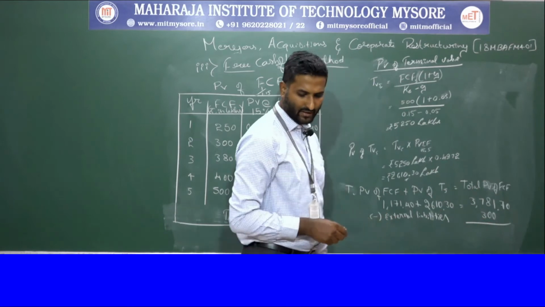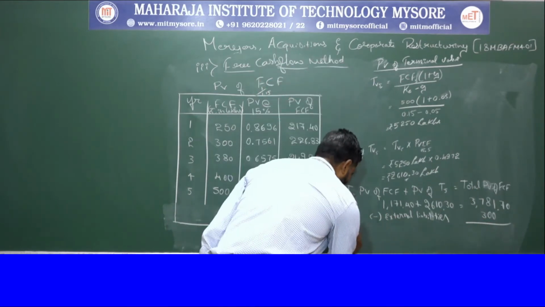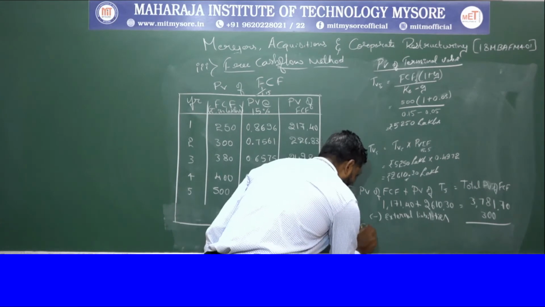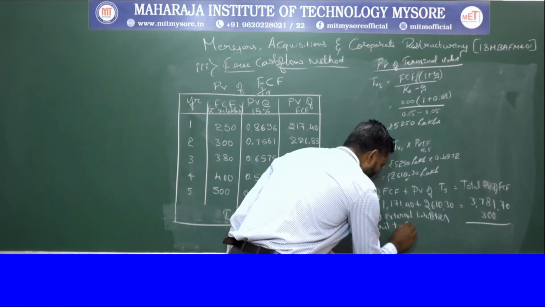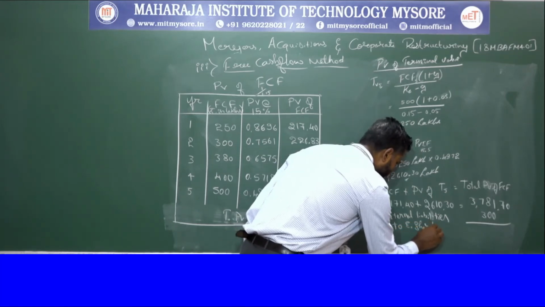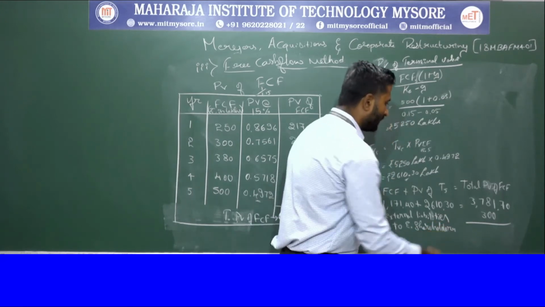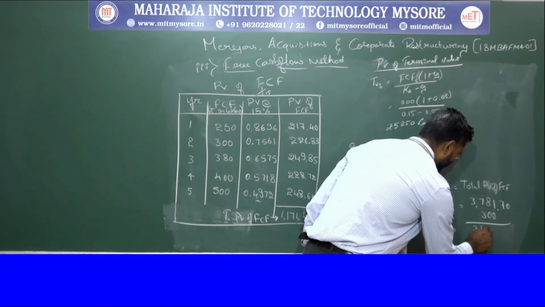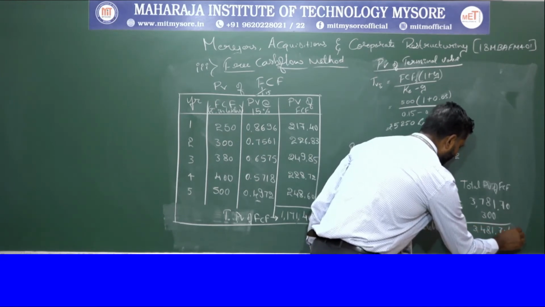So when we less that, we are resulted with the FCF available to equity shareholders is 3481.70 lakhs.